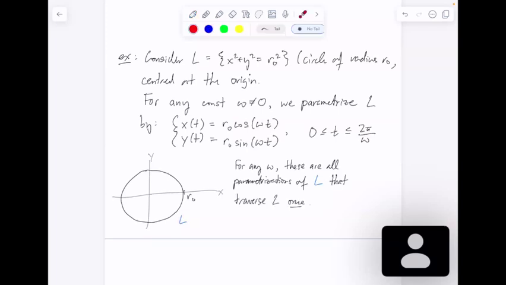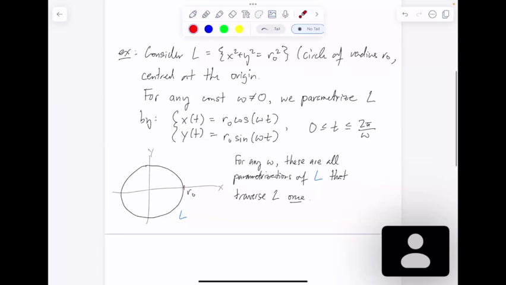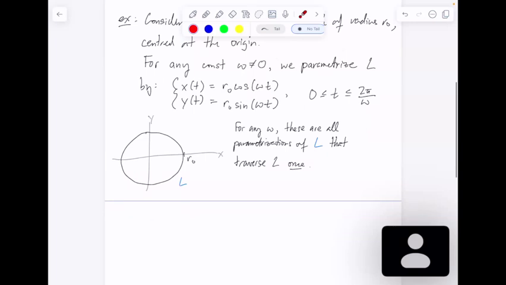You might be finicky and say that technically at 0 and at 2 pi over omega, you both end at the same point, so it hits the same point twice. But when I say traverse once, you're allowed to hit the same point twice, just a technicality. If it makes you feel better, you could put a strict inequality here so it doesn't actually go to 2 pi over omega, and when you evaluate the integral, it doesn't make a difference. Hopefully you see intuitively why it traverses once.